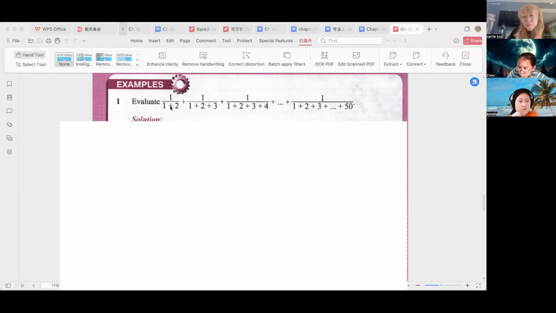We have 1 over 1 plus 2, plus 1 over 1 plus 2 plus 3, plus 1 over 1 plus 2 plus 3 plus 4. If you look at these ones, remember, we learned 1 plus 2 plus 3 plus 4 plus all the way to 50 equals what before, right? The sum, do we remember? Zoe, do you still remember?